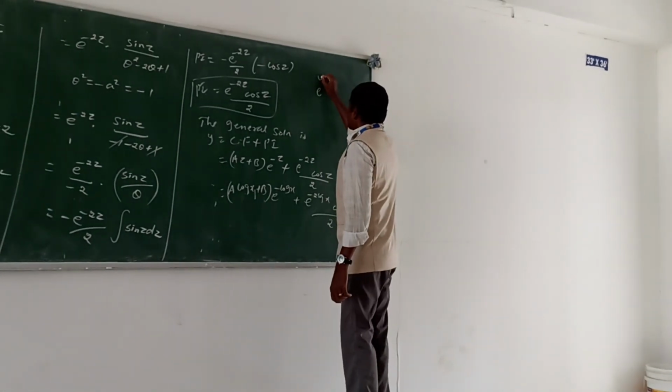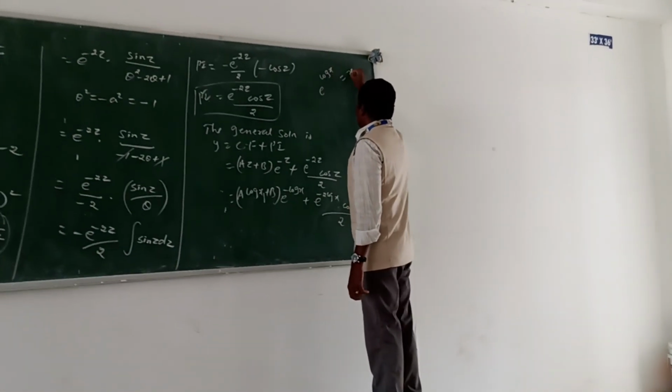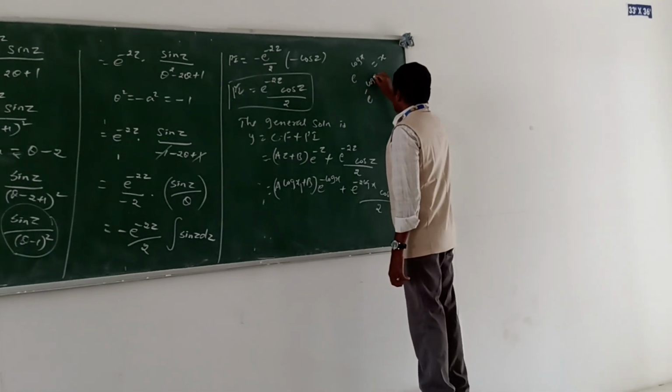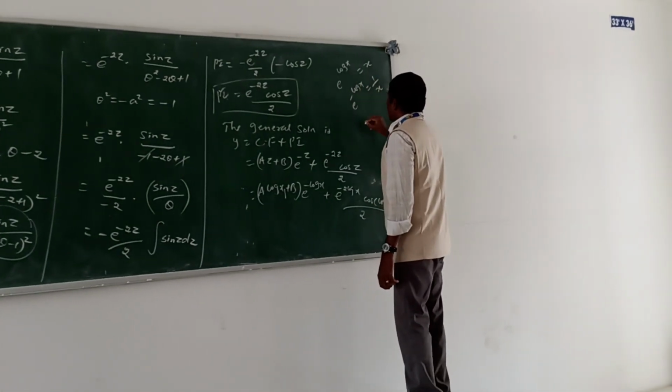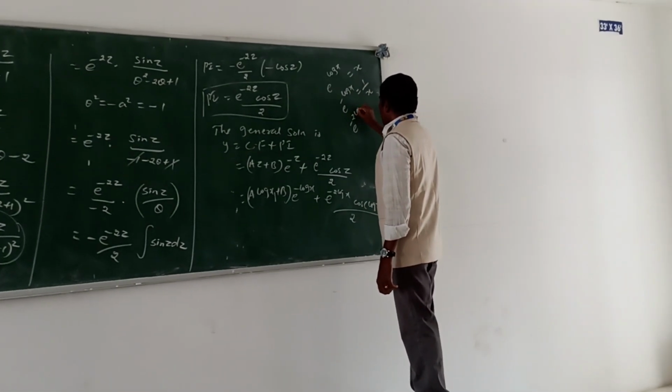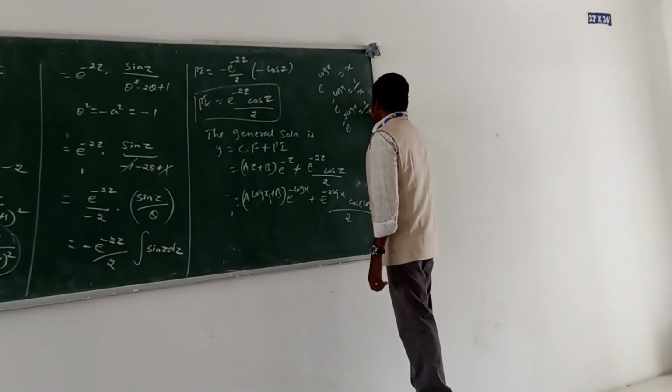We know that e power log x equals x, e power minus log x equals 1 by x, e power minus 2 log x equals 1 by x square.